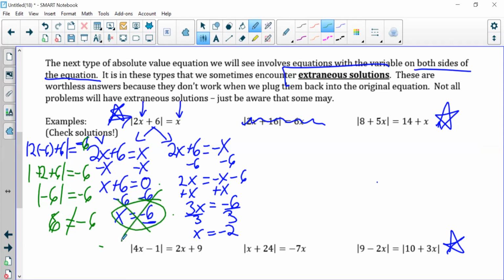All right, let's try our negative 2. Absolute value of 2 times negative 2 plus 6 equals negative 2.